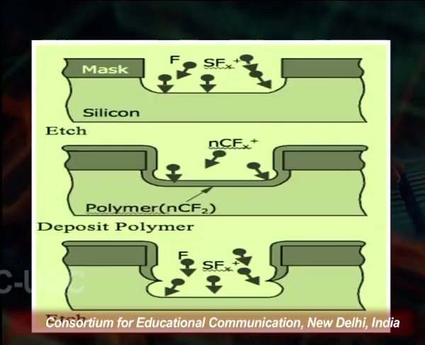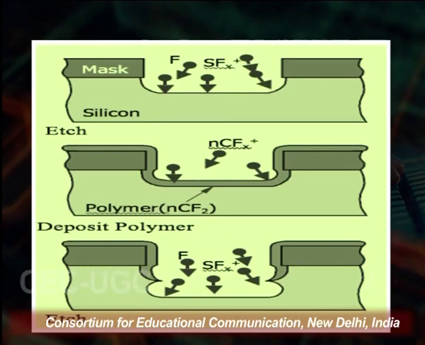Now, you see on the screen how the etch and polymer deposition is done. The first step is silicon with a mask, and then etching is done, and then you see the polymer CF2 is deposited. After that the part is etched, and the deposited polymer remains where it is required.